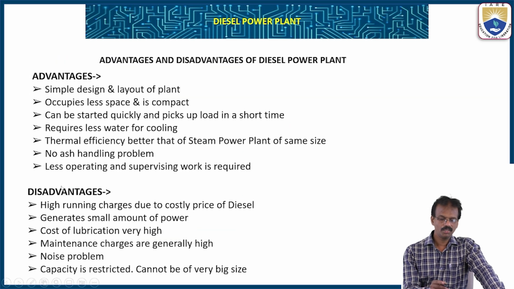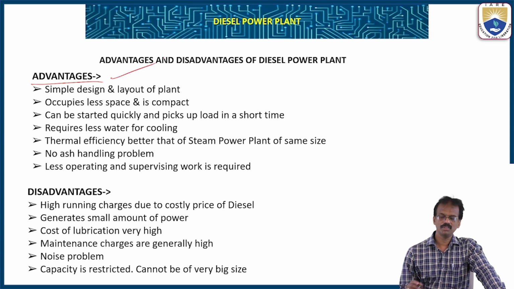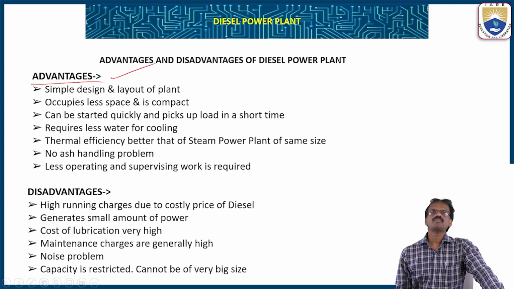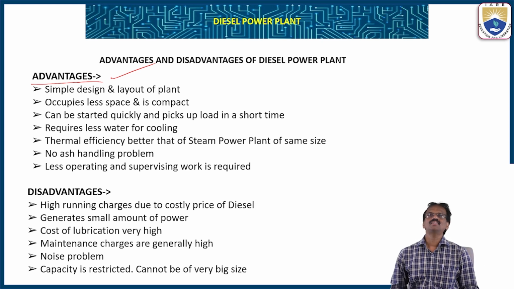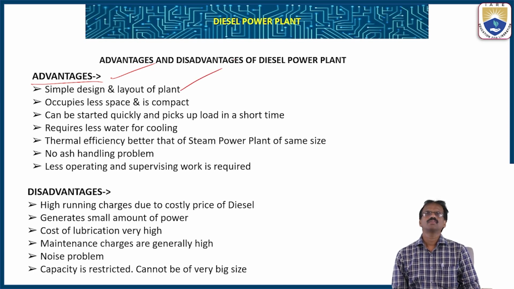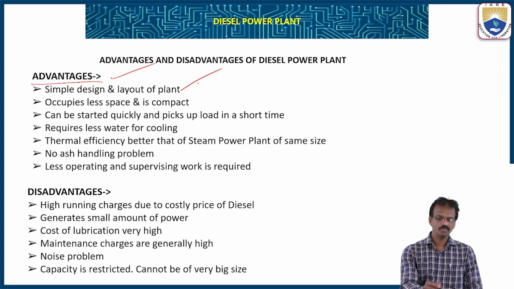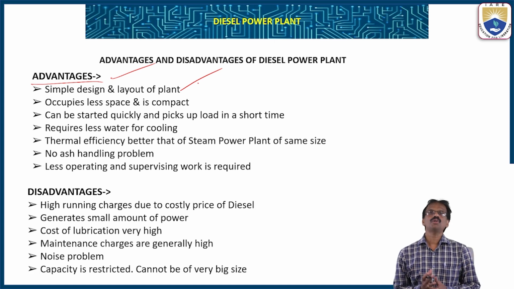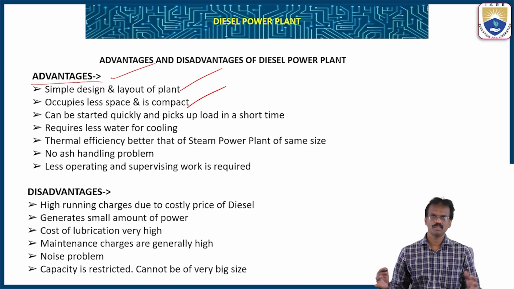Now we'll see some advantages and disadvantages of the diesel power plants. So we know that diesel power plants have a very simple design and layout. Layout is very simple and designing of this plant is also very simple. And it occupies less space and is very compact.